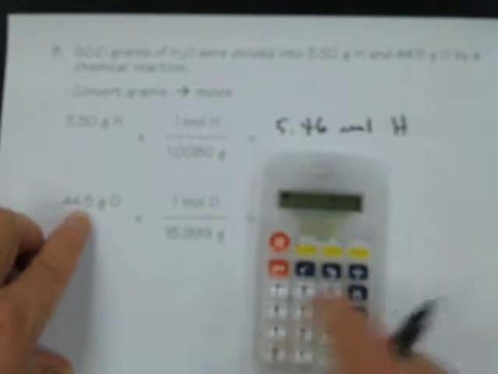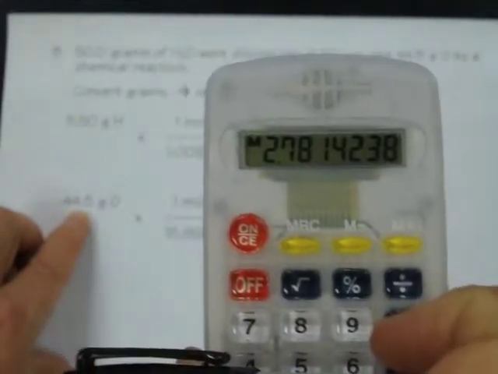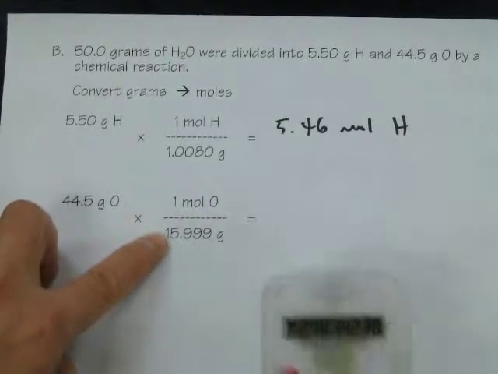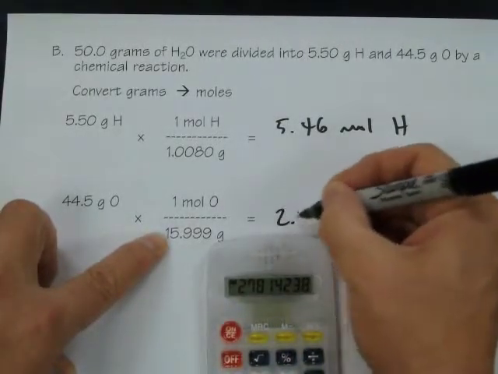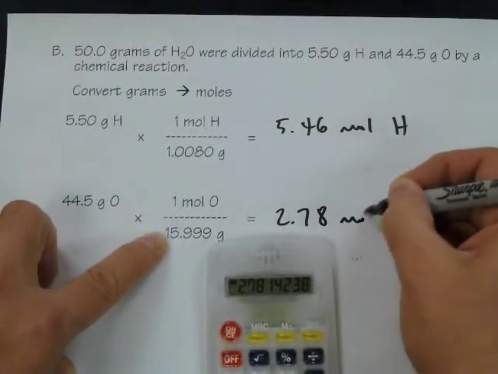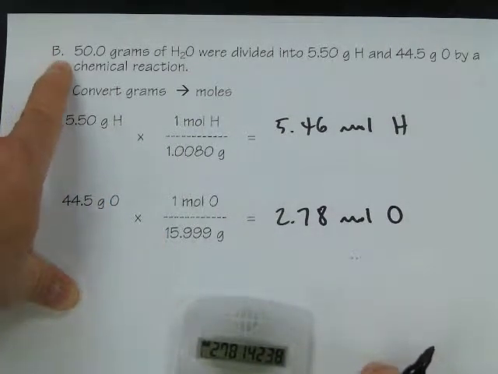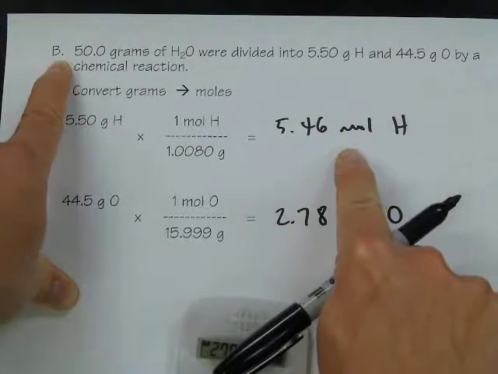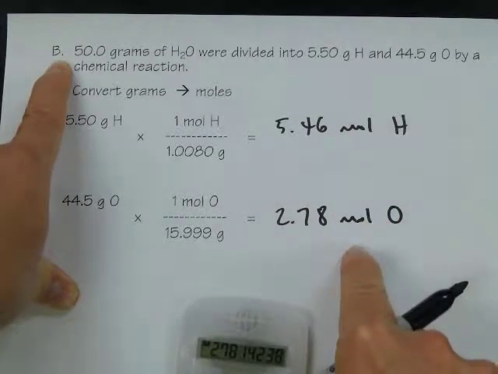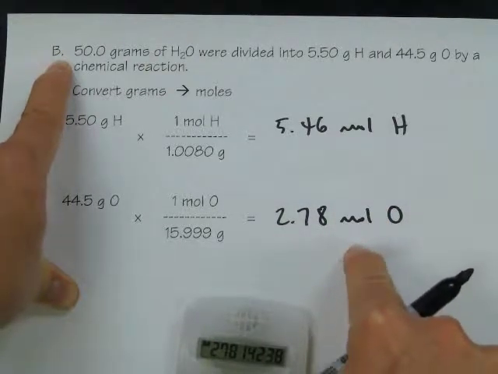And then for the oxygen, I'll take 44.5 times 1 divided by 15.999. And the calculator gives me again more digits than I can keep. I can keep 3 significant figures, not the 5. And I'll write down 2.78 moles of oxygen. So in the 50 grams of water, there are this many hydrogen atoms and this many oxygen atoms when counted in moles.